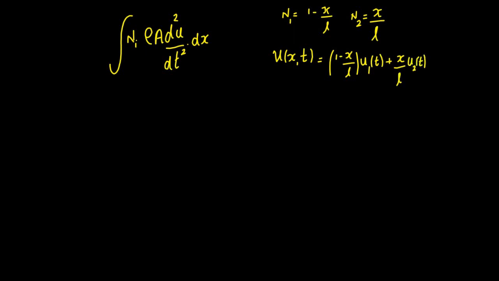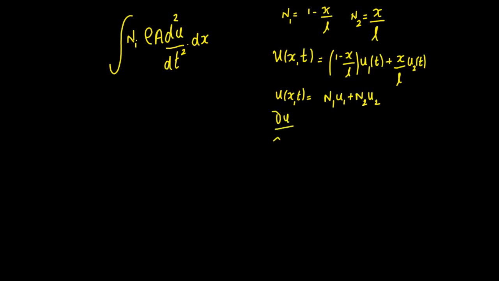Now, all I'm going to do is find the value of d squared u by dt squared. So it's very simple. Let me rewrite u of x comma t as N1 u1 plus N2 u2 so that I can do the mathematics in a very conducive way.